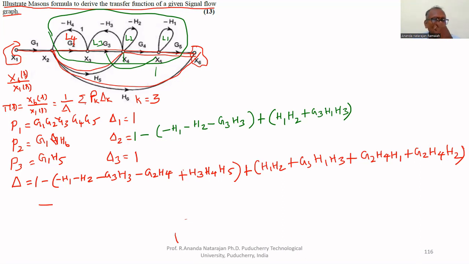L4, L1, L2 are not touching each other. Therefore H1 H2 minus H4 G2. This is the three non-touching group.